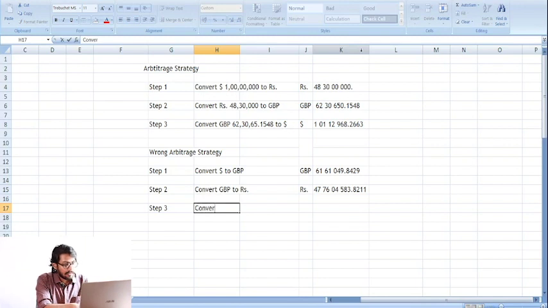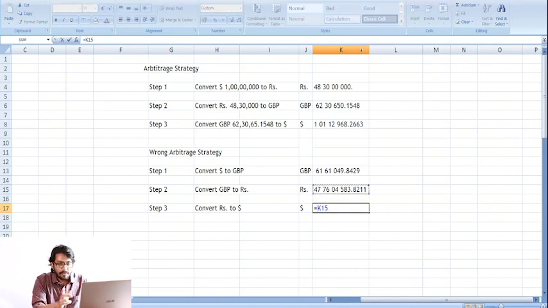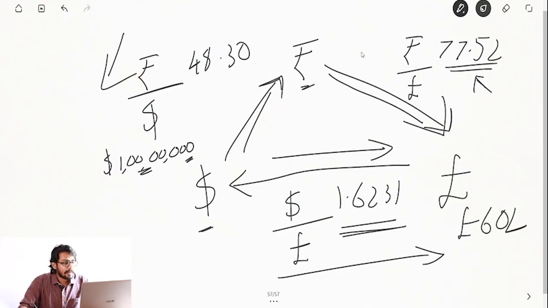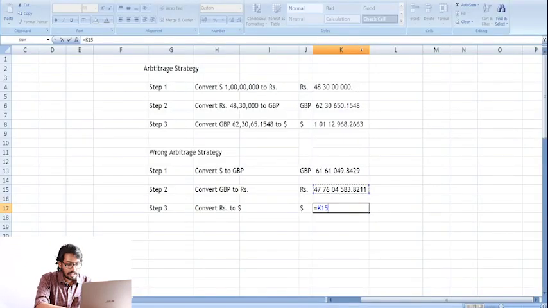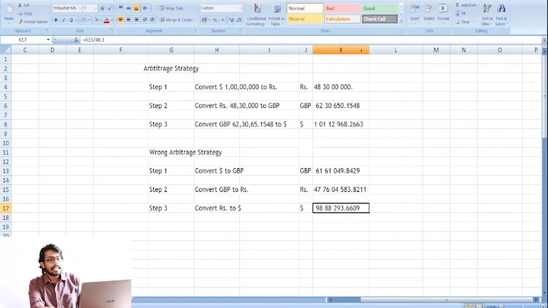Last, convert rupees to dollars. You have rupees. The rate is rupee by dollar. Rupees into rupee by dollar doesn't work. Divide by 48.30. You will get 98 lakh 88,293.